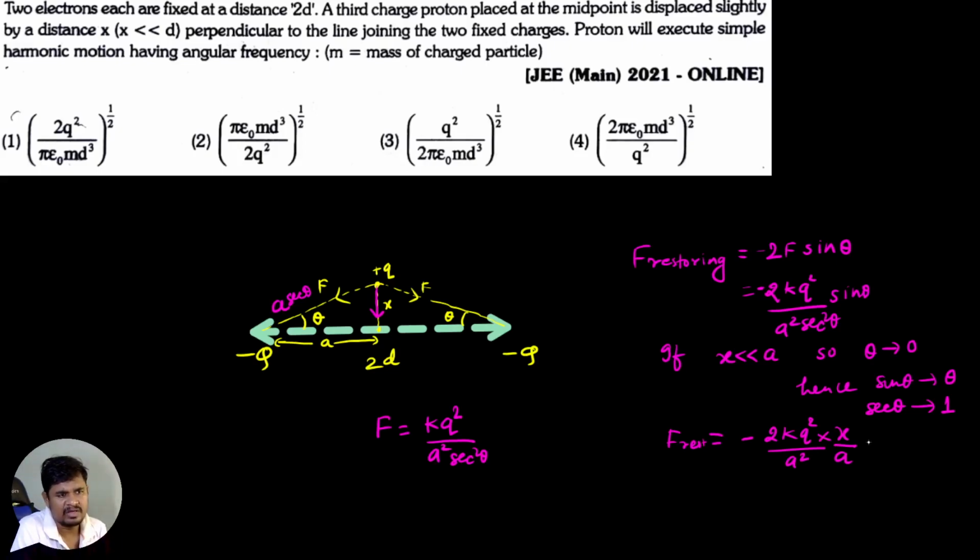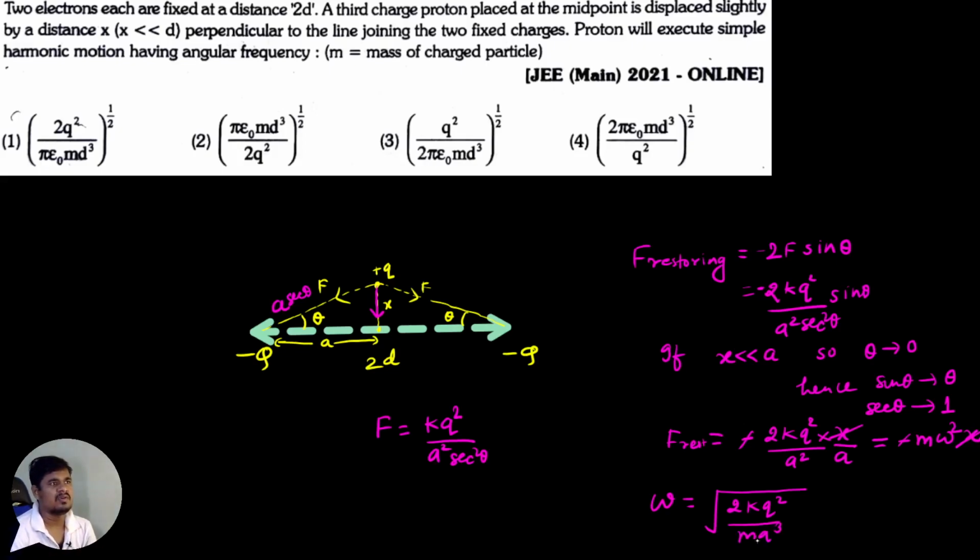For SHM, this will be equated to minus of m omega square x. x will cancel, and minus and minus will cancel. Omega we get here, that is root under 2kq square by m a cube.